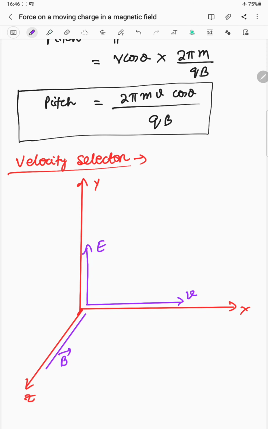Okay, fine. Now you see that the electric field and magnetic field are mutually perpendicular, right? And a charged particle enters this region with velocity v, which will be perpendicular to both the electric field and magnetic field. Now when can this happen? When your magnetic force and the electric force are equal and opposite.